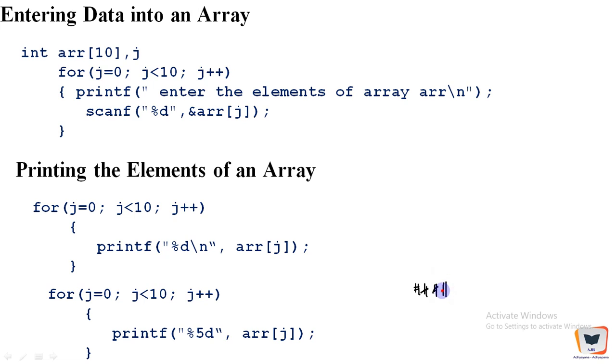Let us say if the first element is 85, it is going to be filled up like this. And for the second element, once again there will be 5 spaces. It will be written in right justification.